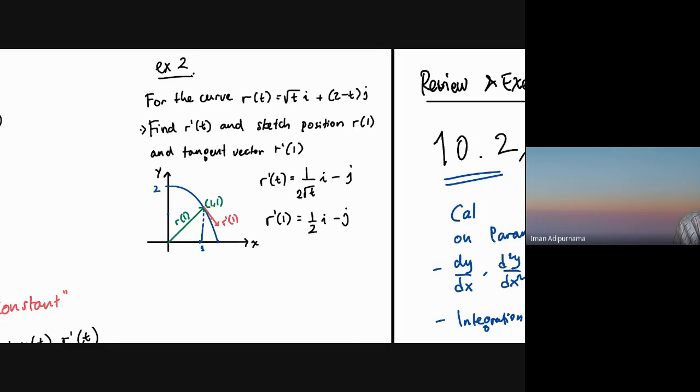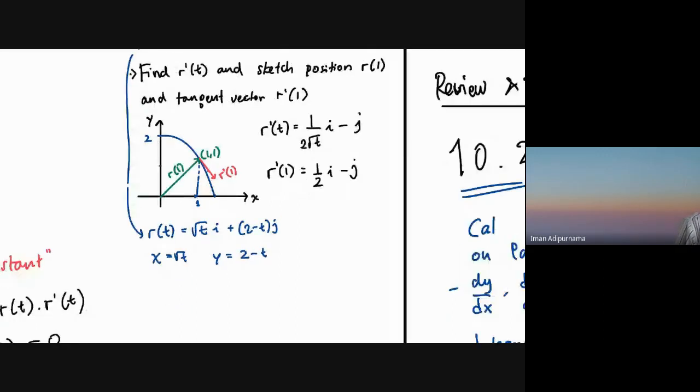To help you draw the curve, you can also eliminate the parameter, and the curve for the xy will be more clear.